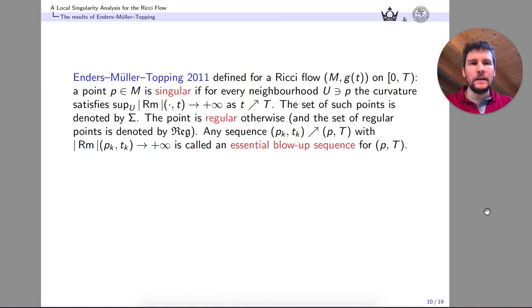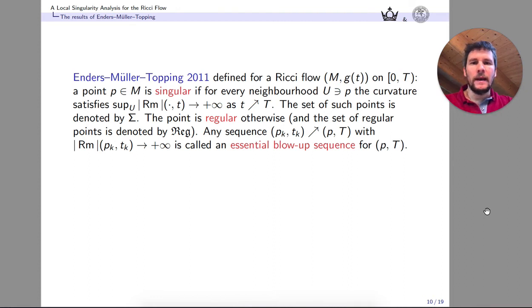Okay, so it's not enough to just say that at a fixed point the Riemann tensor remains bounded, but we want it to be bounded in a whole neighborhood to have a regular point. As I said, if on any neighborhood the Riemann tensor blows up, then we call the point singular, otherwise we call it regular.